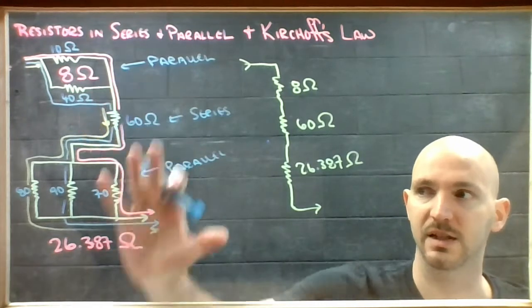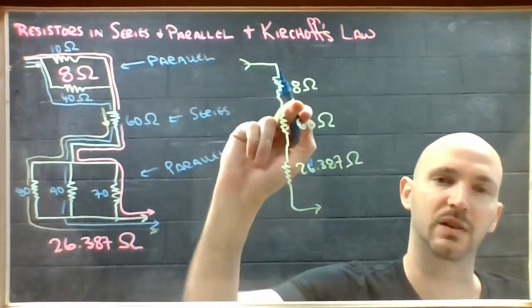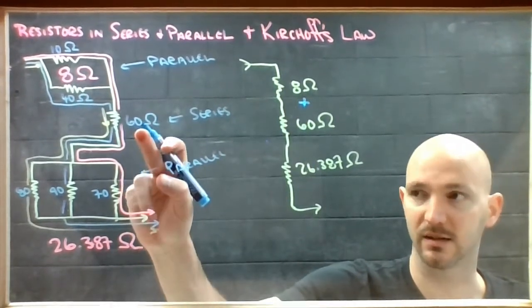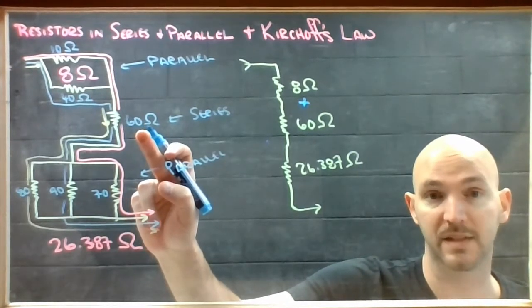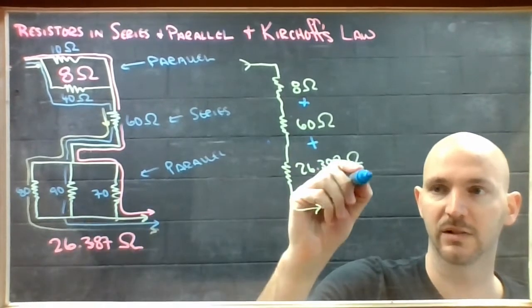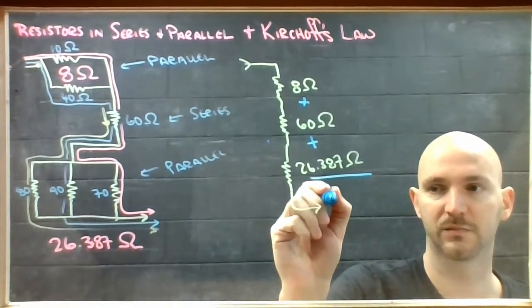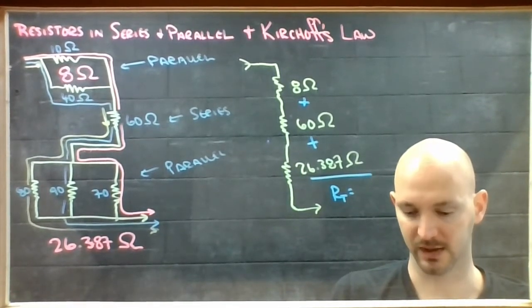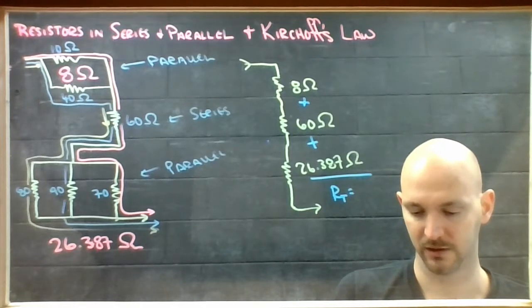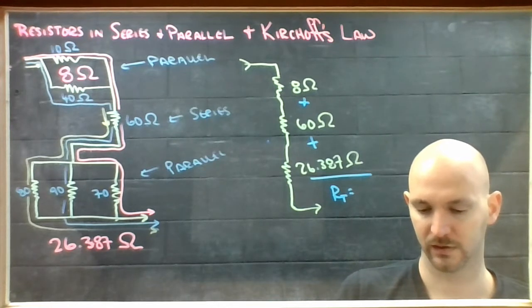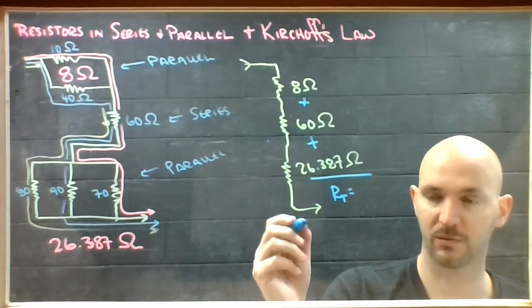So the total resistance of this circuit must be the net resistance of this weird parallel thing plus the resistance of this 60 ohm resistor that everyone must pass through plus the resistance of this other wonky structure, and that gives me a total of 8 plus 60 plus 26.387, which is 94.387.